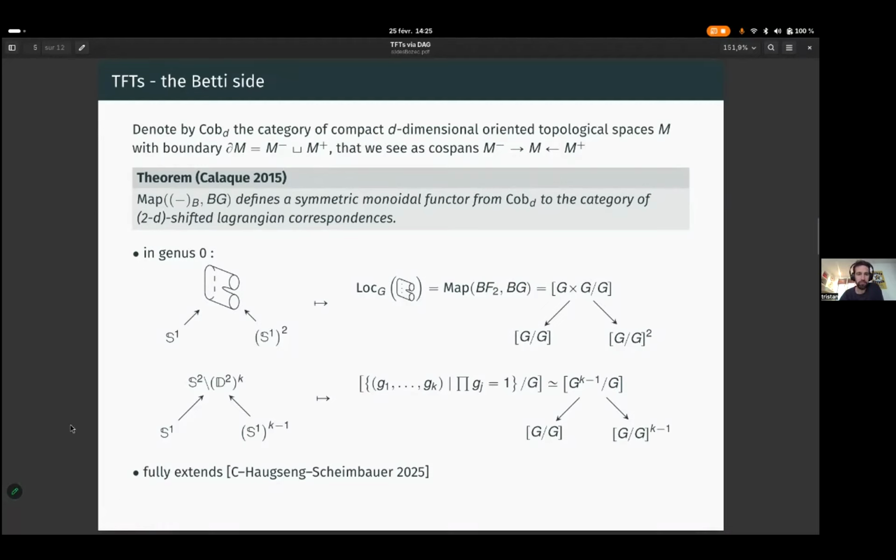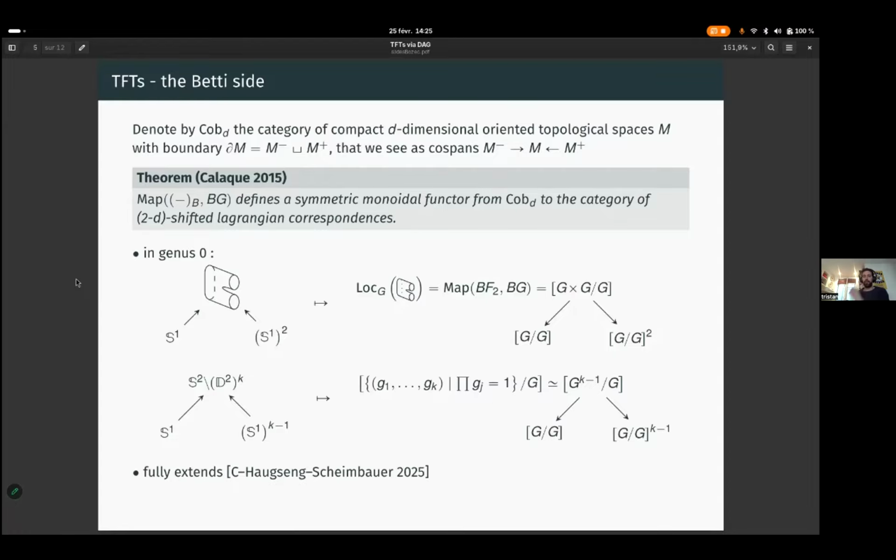Let me just illustrate what's happening here in genus 0. There's a famous example of the pair of pants, which might be seen as a cospan, a cobordism between one circle, the top of the pair of pants, which is on the left here, and a pair of circles on the right-hand side. Applying my construction here, I take G-local systems on the pair of pants.